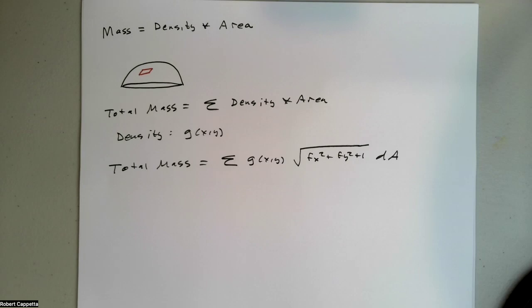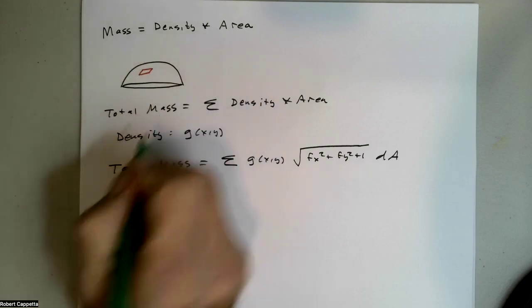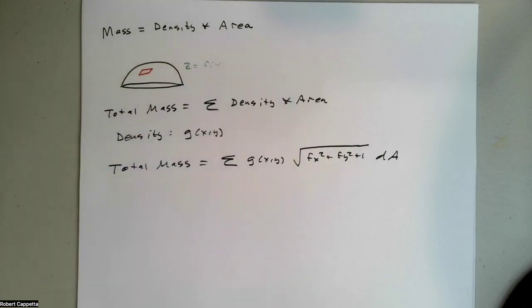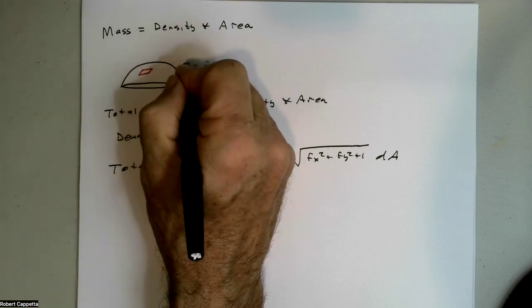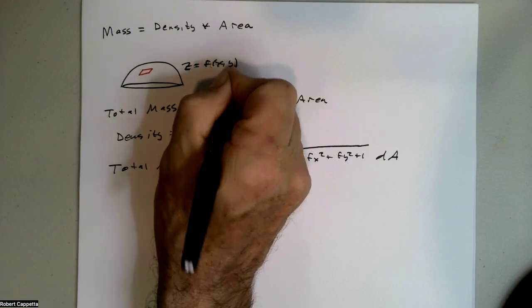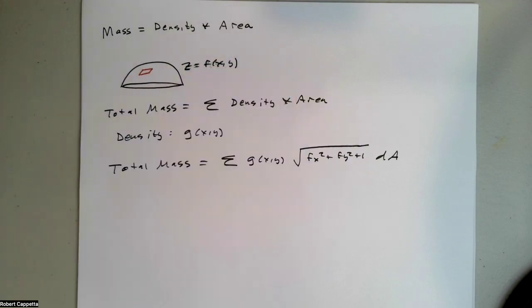So here's our formula using g as our density function, and our surface up here is z equals f of x, y. That's our formula for the total mass of this.